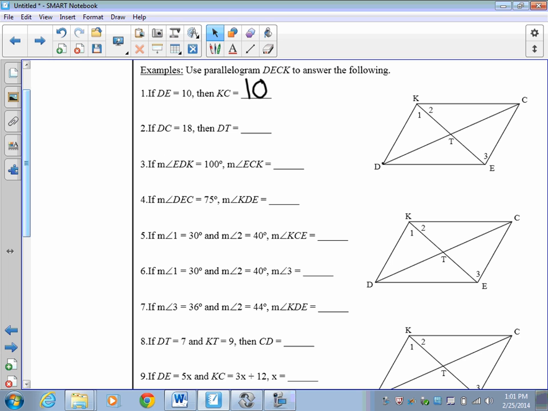If DC is equal to 18, what does DT equal? Well, we need to remember that they bisect each other, so that means they would both have to be 9. DT would be 9 and CT would be 9.